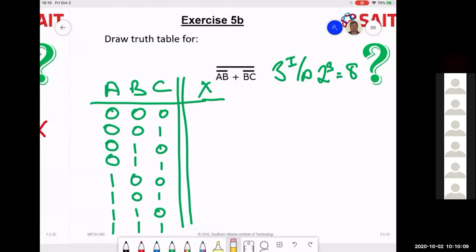Baby steps, Chris, baby steps. Let's not go directly to X. Let's do a whole lot of baby steps along the way. We're going to learn a lot more. So let's have a look here. I've got A and B. Then we NOT it.